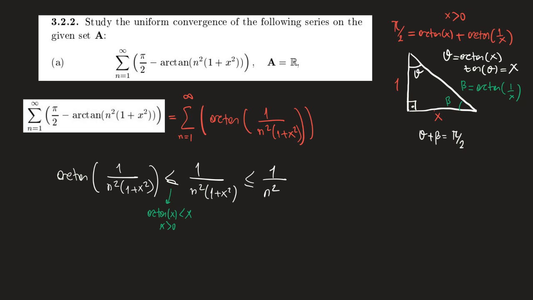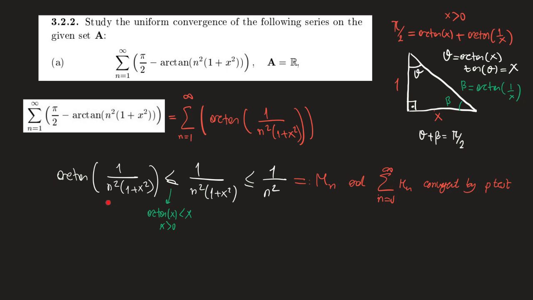So as you can see, 1 over n square is not divergent, and I'm gonna use the M test, so I'm defining this to be M n, and the series of M n's is convergent by the p test, because the exponent is bigger than 1, so this series is convergent.